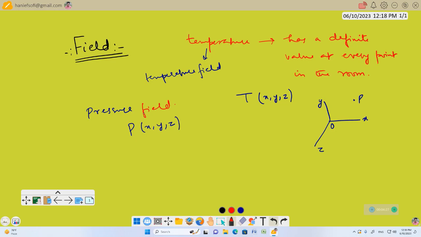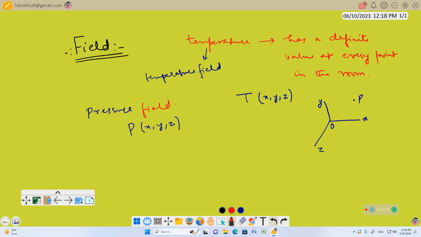There are other fields. There is gravitational field surrounding some mass. There is electric field surrounding some charge. So we talk of such fields in physics. We use this idea in maths as well.